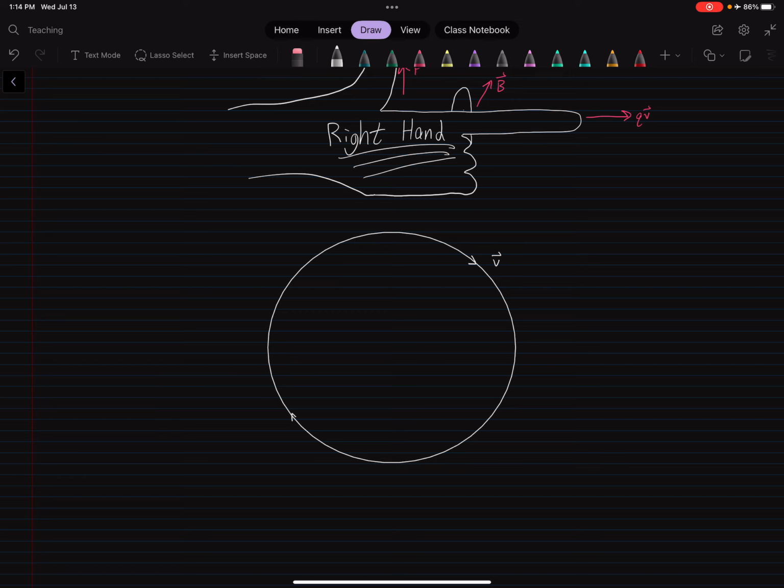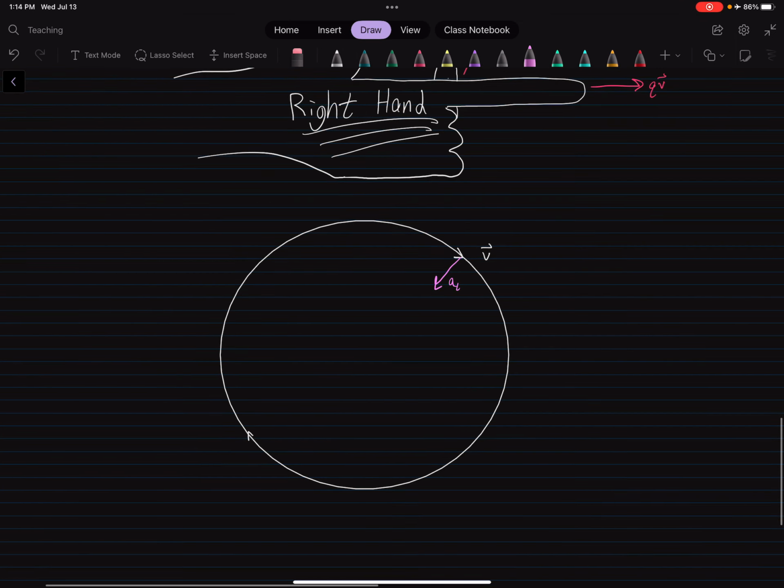We understood that there is an acceleration vector, and I would usually call it A tan or A perpendicular, because it's perpendicular to the radial.